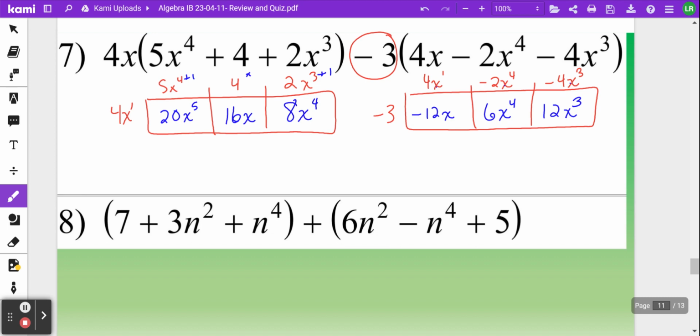Biggest exponent is my x to the fifth. It's the only one of its kind, so just write it down. 20x to the fifth. My x to the fourth, I have an 8 and a 6. 8 plus 6 is 14.